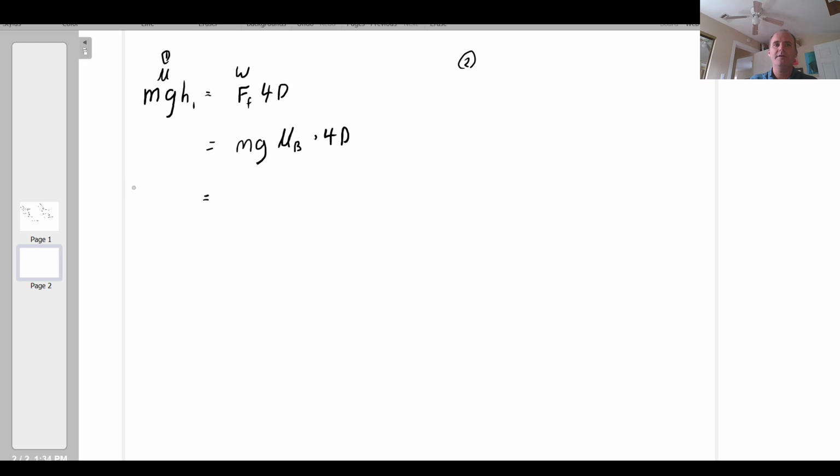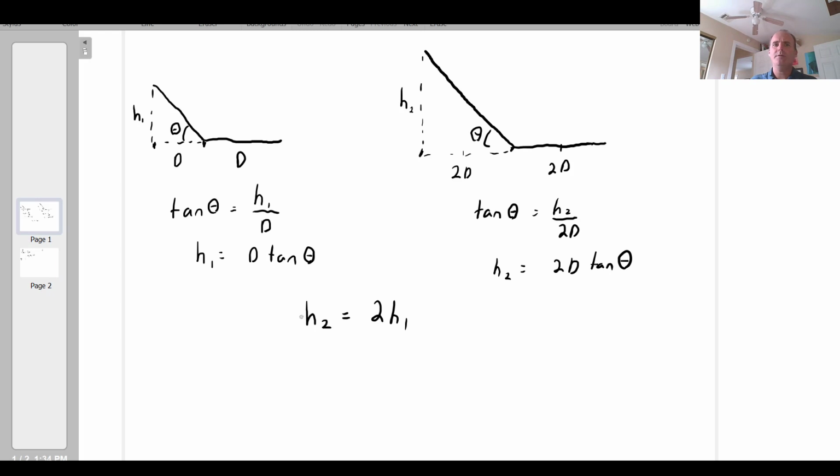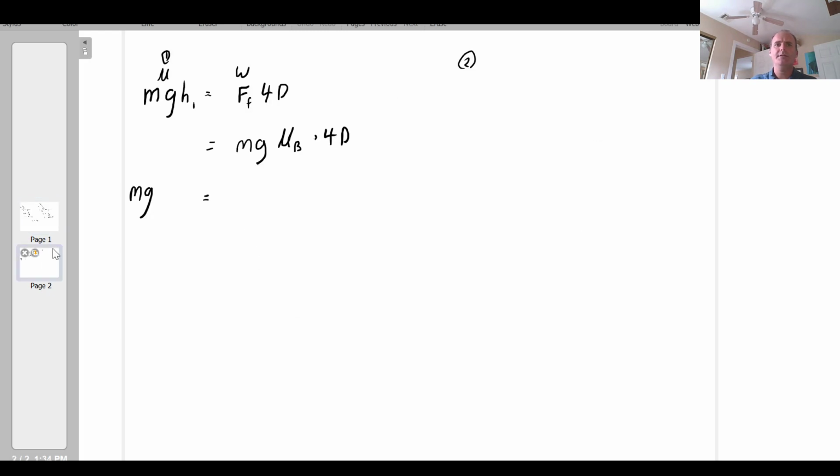And here we have mg and h1, and h1 was d tangent theta. The mg's cancel out because they're on both sides, and d cancels out because it's on both sides.